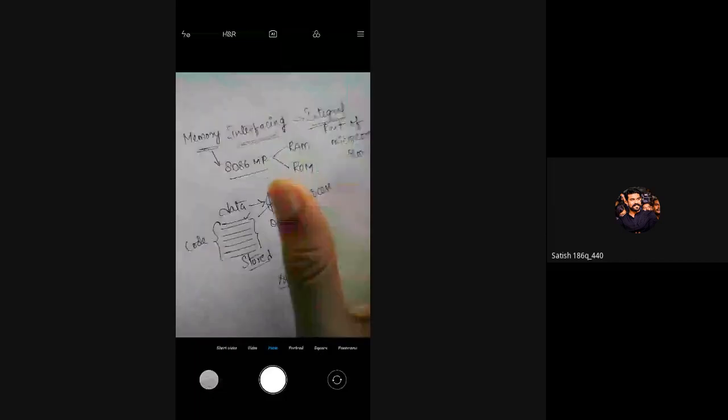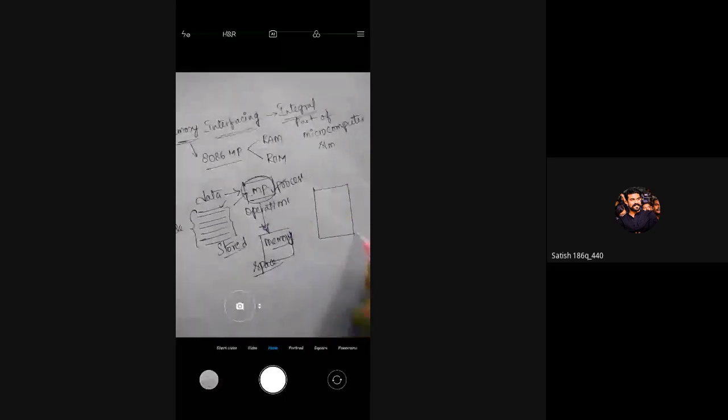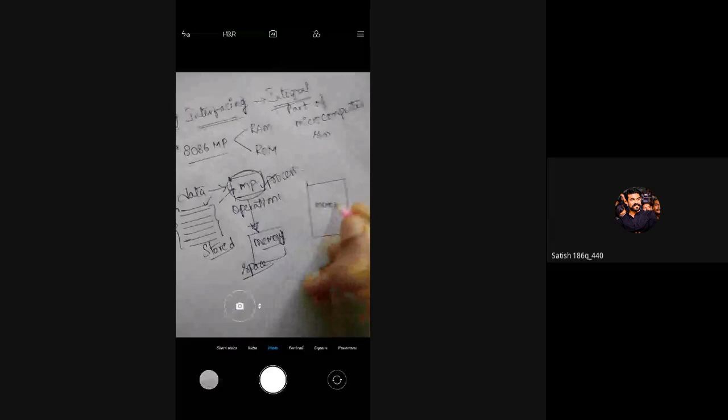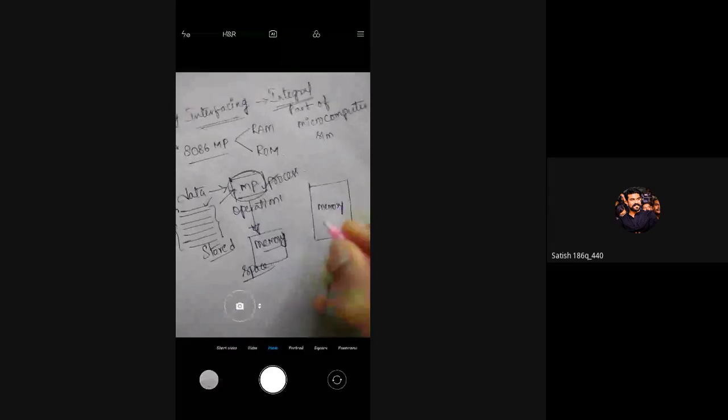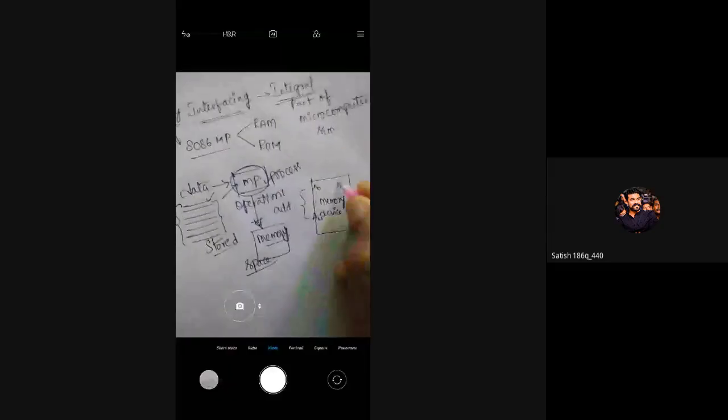Let me explain the memory device. I have explained it yesterday, but let me recall it. Let's consider a memory device. This device will have some address lines and some input output lines.